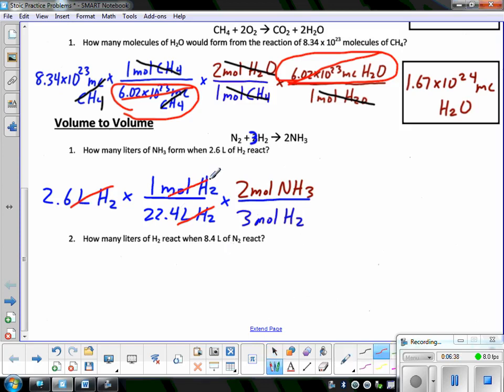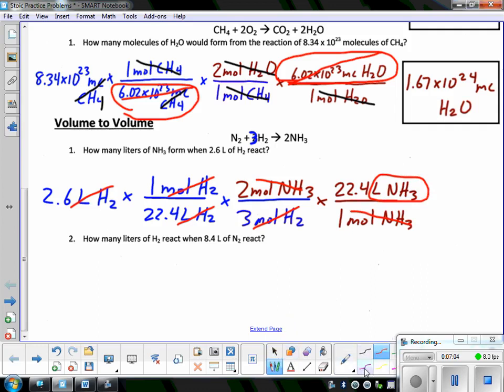So moles of hydrogen are on the top, so moles of hydrogen have to be on the bottom to cancel out. And the last one, we're in moles of NH3. We want to be in liters of NH3, so moles of NH3 has to be on the bottom, and now we will be in the units of liters, and for the substance, NH3.